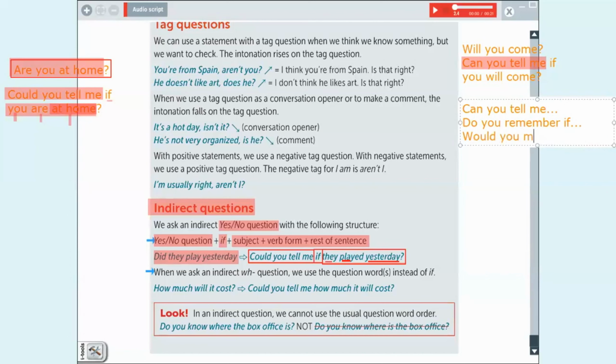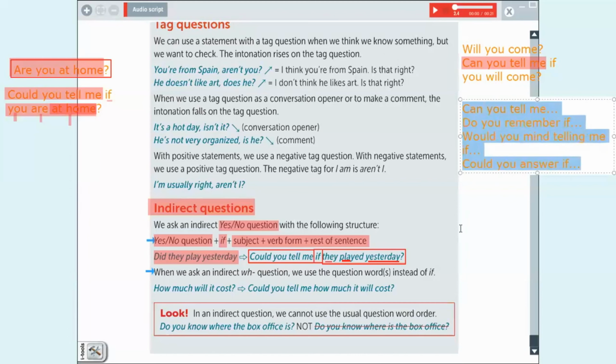Would you mind telling me if? Could you answer if, etc. We have different forms to create this type of indirect questions. It depends on you. Always like that. Starting with the indirect question, and then we continue with the clause.